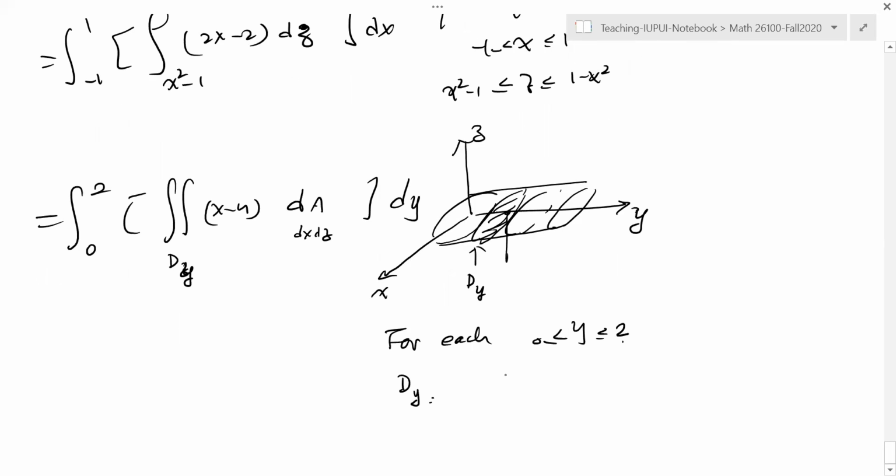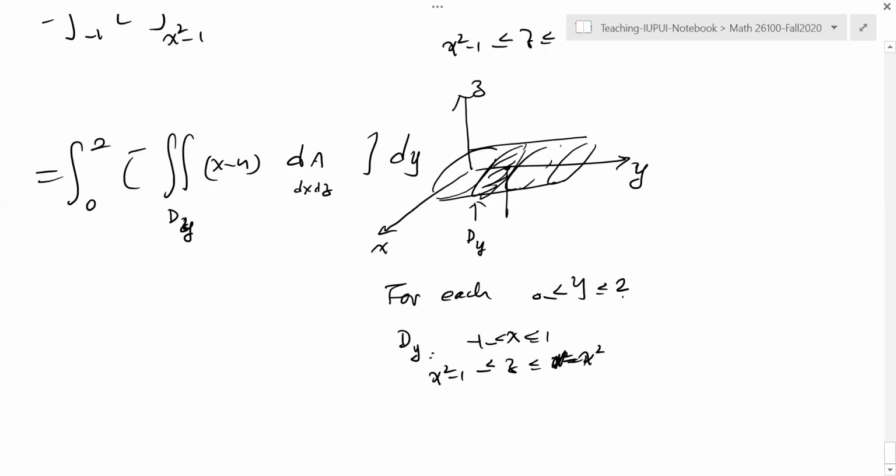It's simple: x is between -1 and +1, and z is between x squared minus 1 and 1 minus x squared. It has nothing to do with y, so it's the same domain for every y.